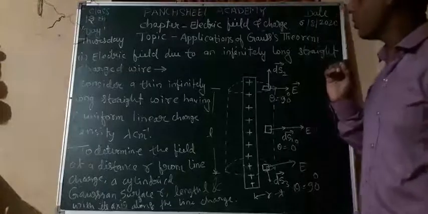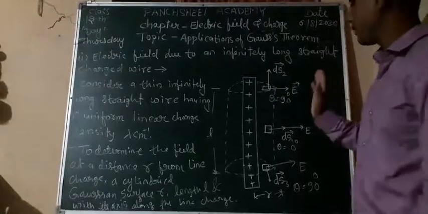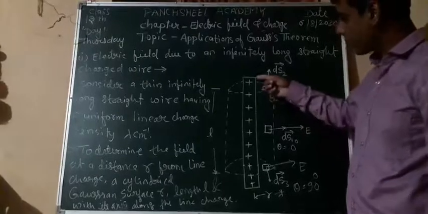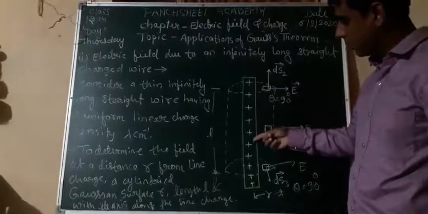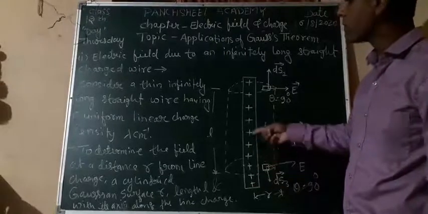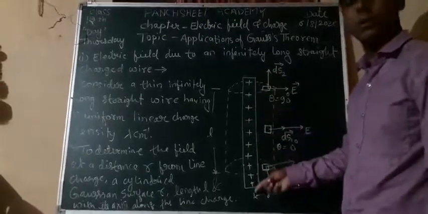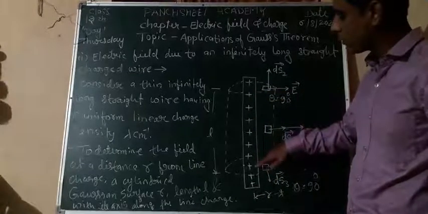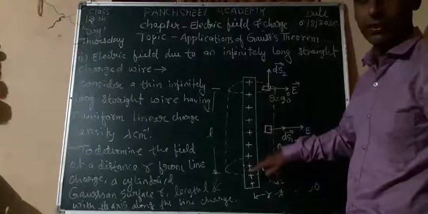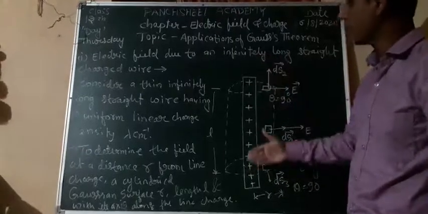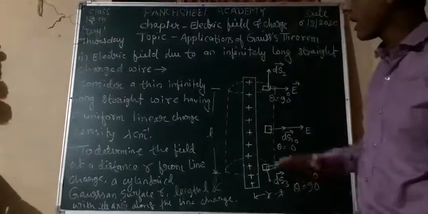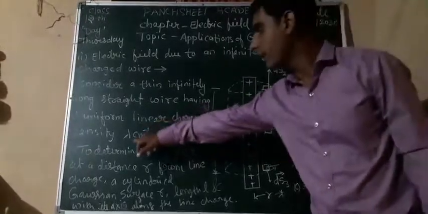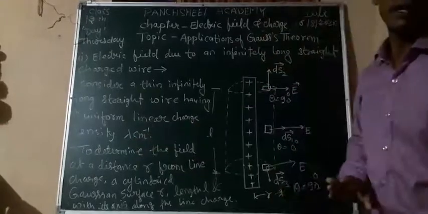Before starting our derivation, we consider this infinite long straight wire, a continuous distribution of charges, having uniform linear charge density lambda.